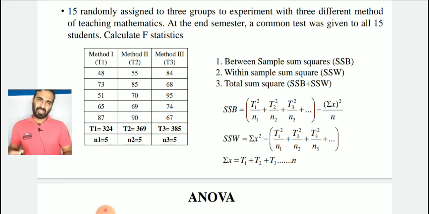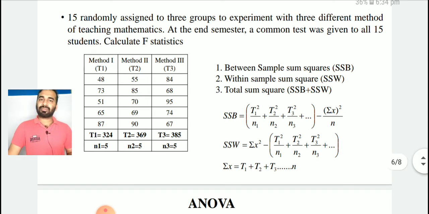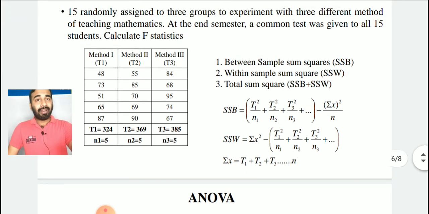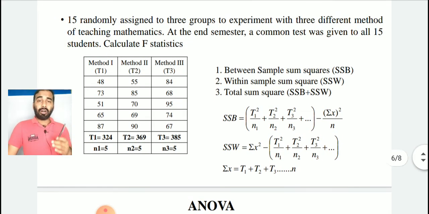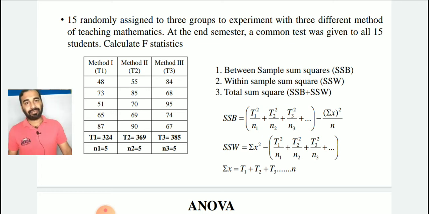At the end of the semester, a common test was given to all these students, and we have to find out whether all these methods give the same result or not. How can we find out? We can find out using the F test.